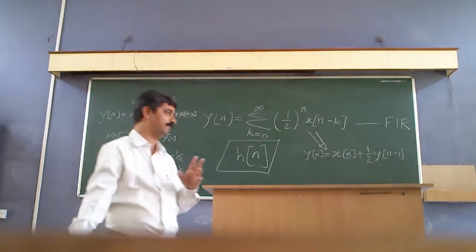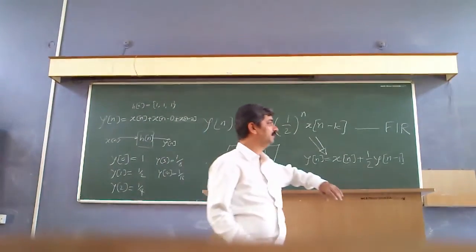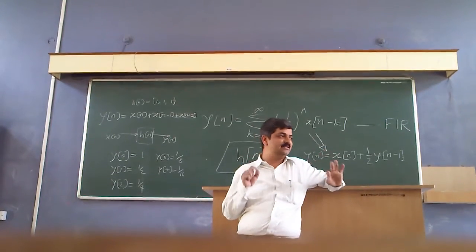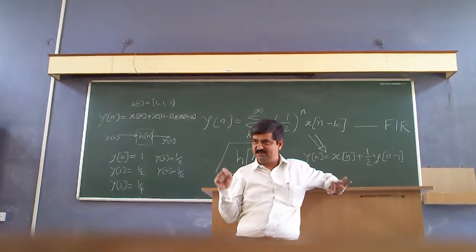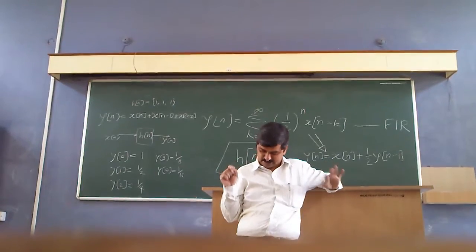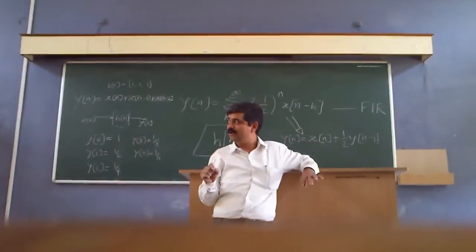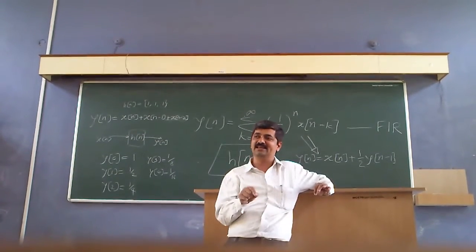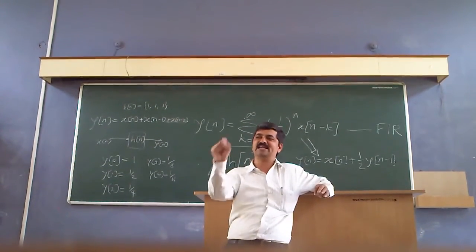I would like to clarify, it's a very important thing. Either we can consider an infinite sequence if it is deterministic in type, or if we are interested in a random signal, it must be of finite duration.